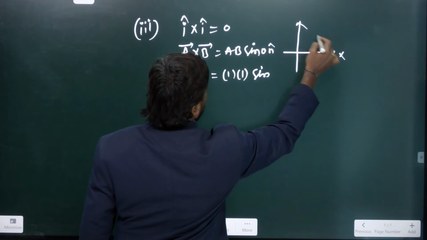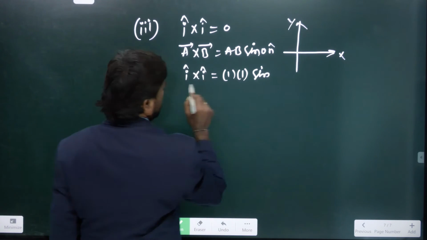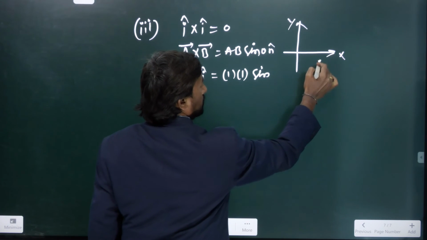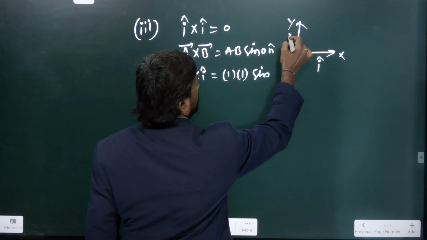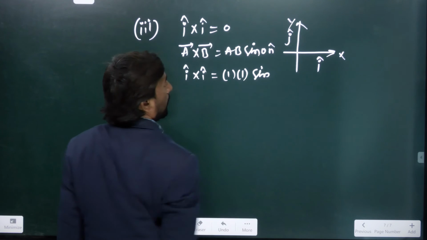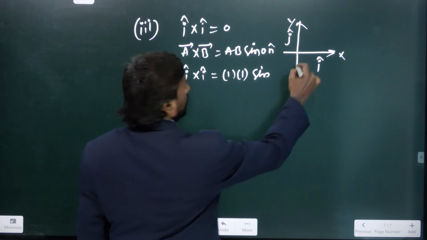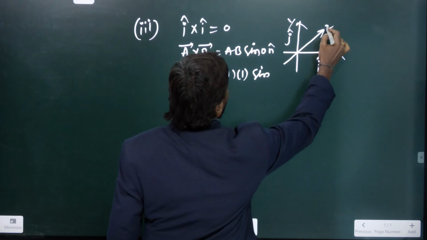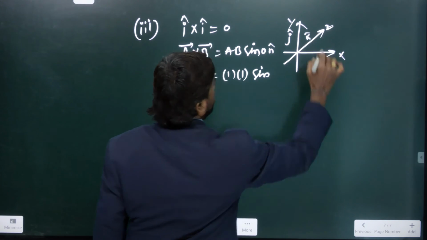This is the x axis and this is the y axis. i cap is the unit vector along the x axis, j cap is the unit vector along the y axis, and k cap is the unit vector along the z axis.